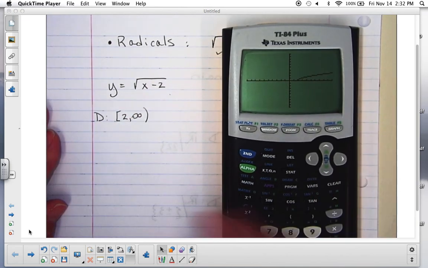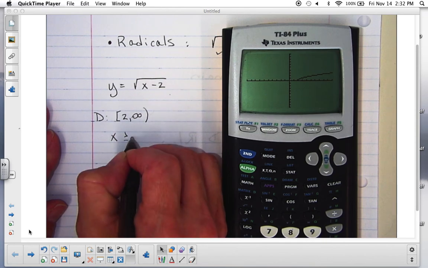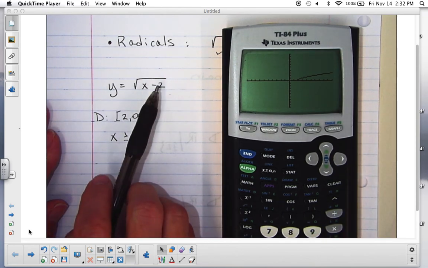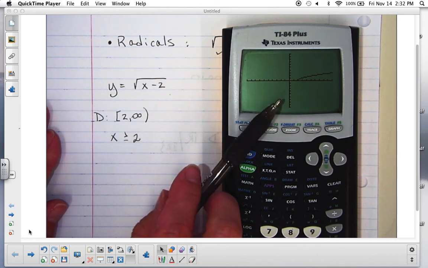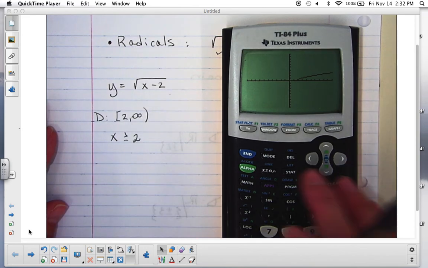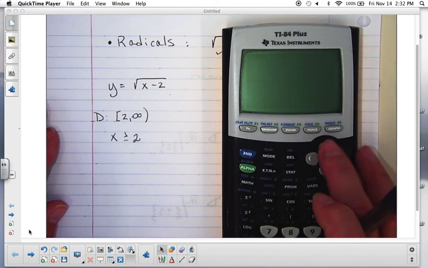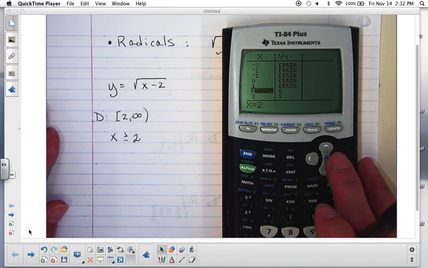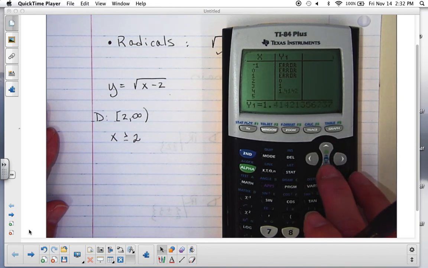Or if you like the set way, you could just say x is greater than or equal to 2. So you're still fine with just using the calculator. But it's important to remember that no negatives will work, nothing underneath that radical. If I look at the table, you see all these error messages, and then as soon as I get to the value of 2, I start getting y numbers.